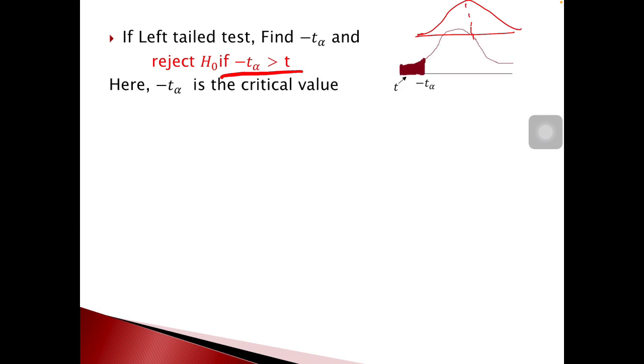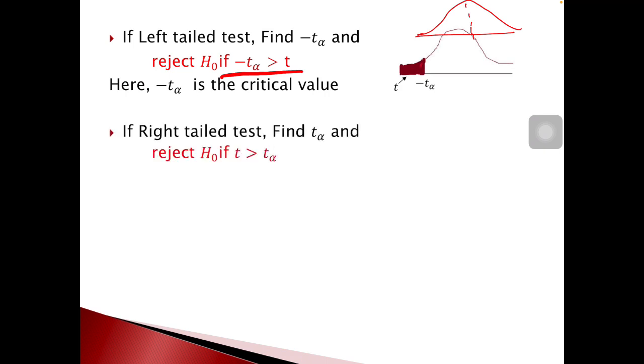Negative T alpha means the critical value, so our negative critical value is greater than the T value, and we reject. If it's a right tail test, we reject if our T value is greater than T alpha, which simply means it is in the rejection region.